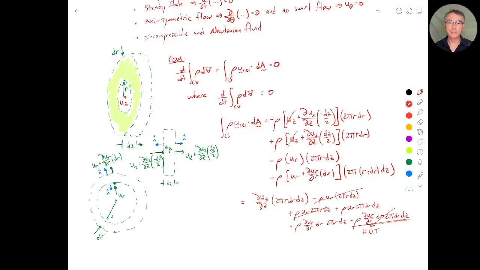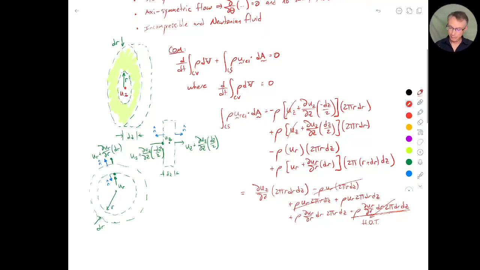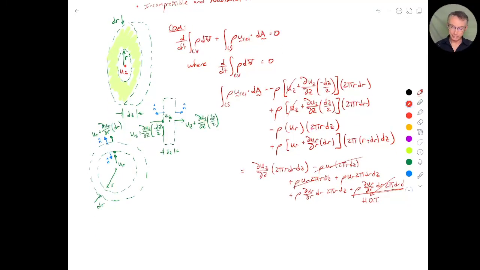It's very, very small. Okay, so then let me go ahead and substitute these things back into conservation of mass, and then we'll simplify. So again, this first term here, that was just 0, so we don't have to worry about it. This term, it just comes down to be this and that and that.